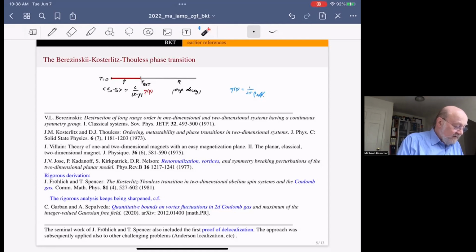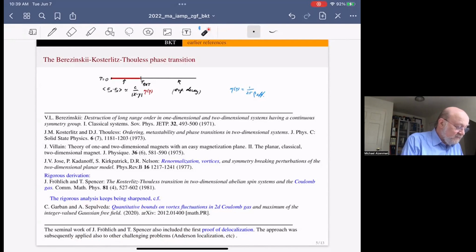It's been quite a work. The approach introduced the multi-scale analysis and was subsequently applied to many other challenging problems, including the Anderson localization. It's rather technical, and rigorous analysis of this continues to be sharpened.